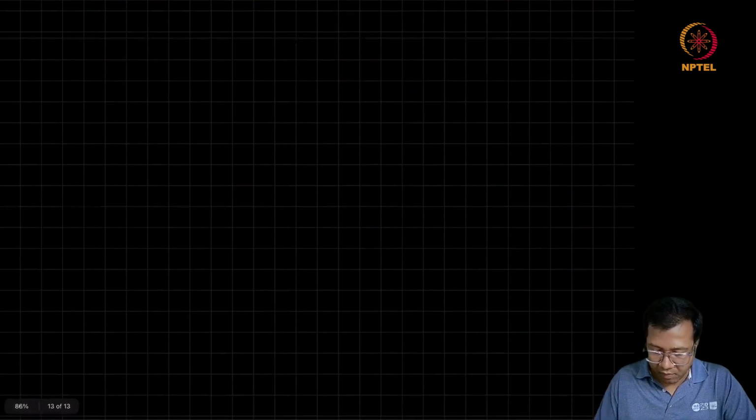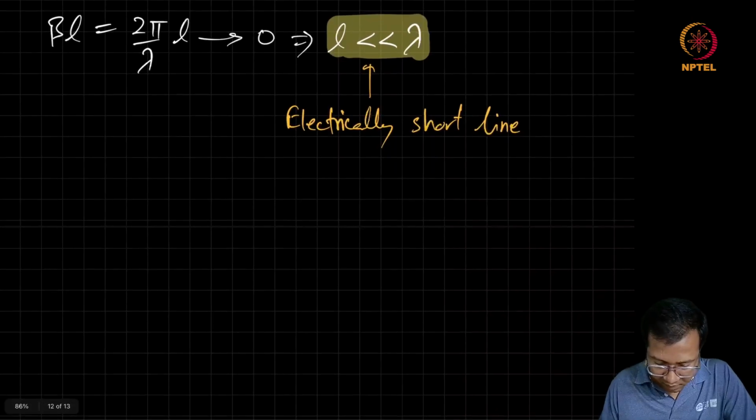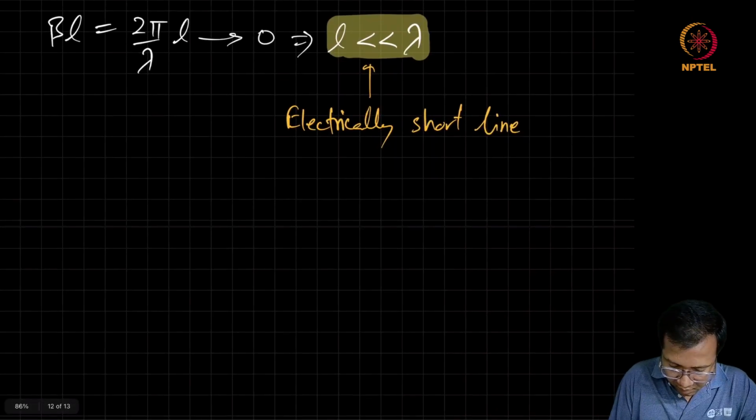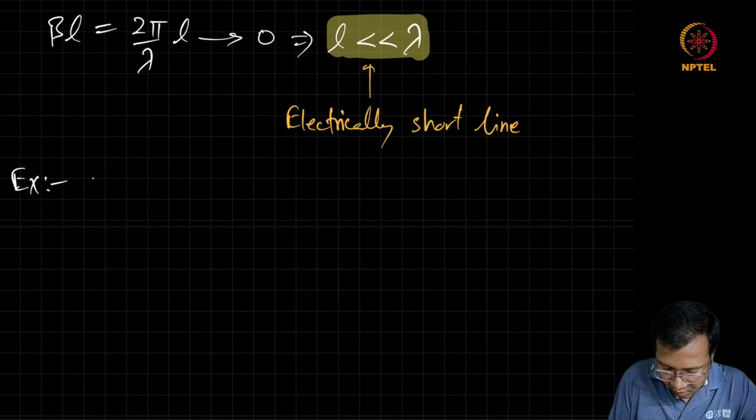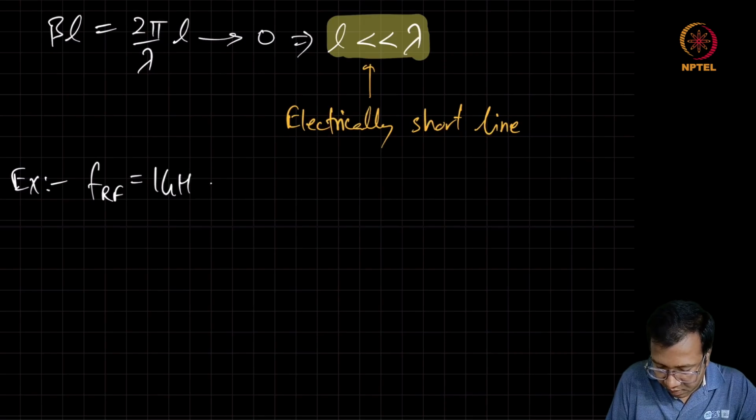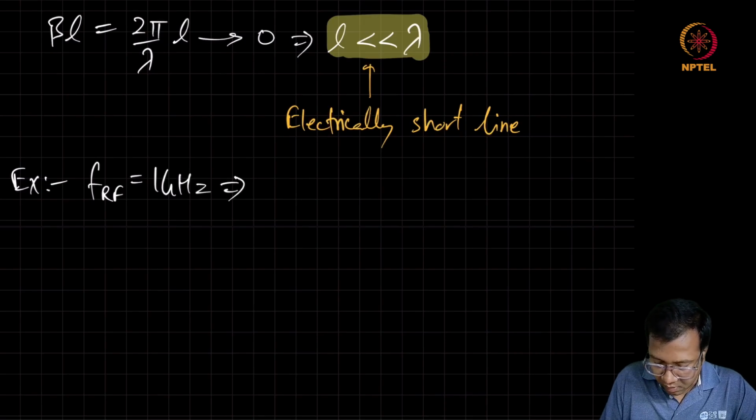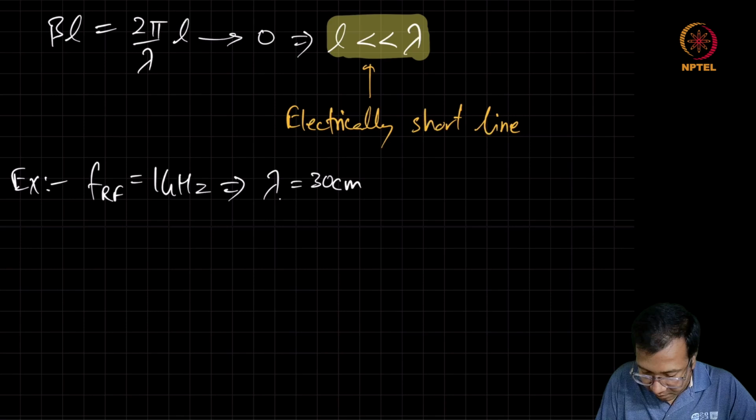Just to get an idea about whether it is practically possible or not, if we take the frequency of the signal to be 1 gigahertz, it implies lambda is equal to 30 centimeters in air.